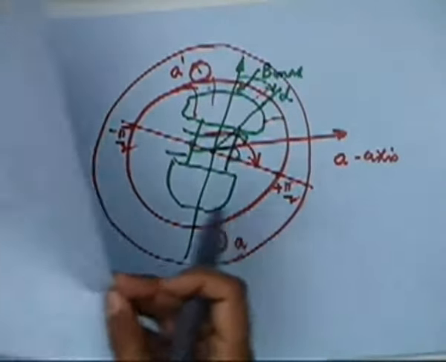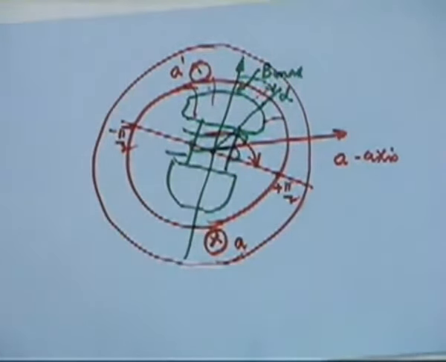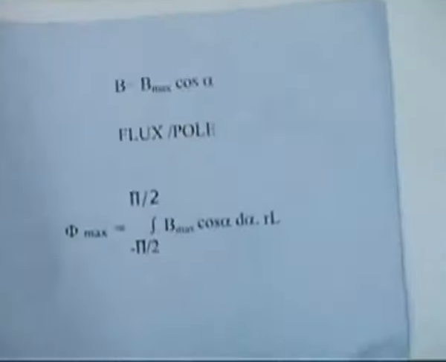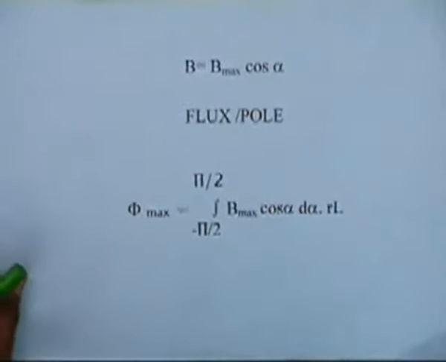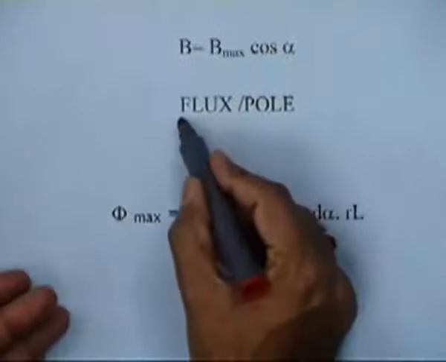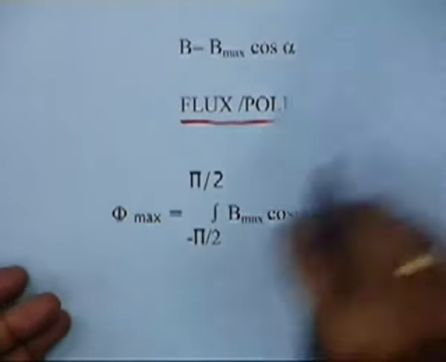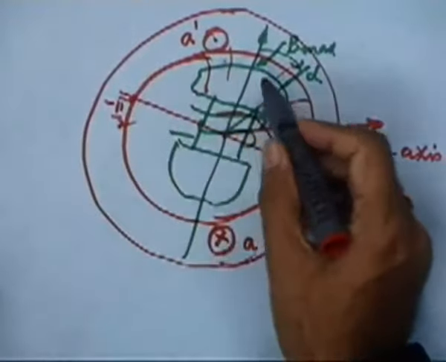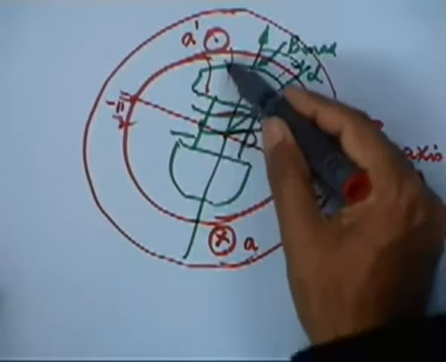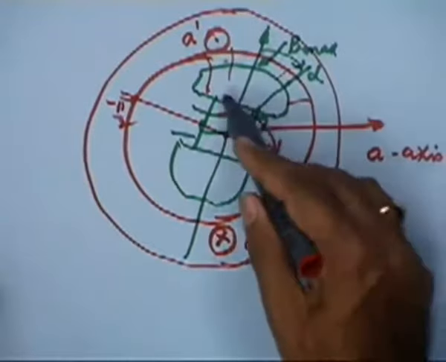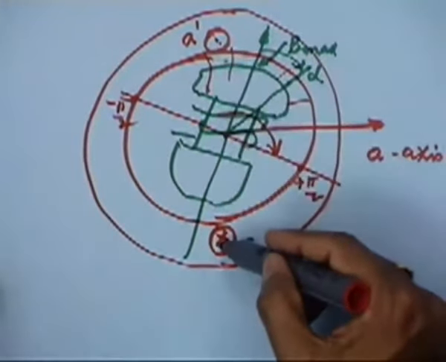In other words, in mathematical terms, the flux per pole will be phi max, because whenever the rotor is aligned with the stator axis, that is the maximum flux that can link.